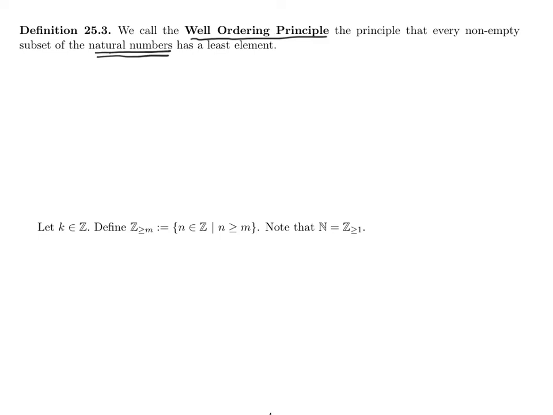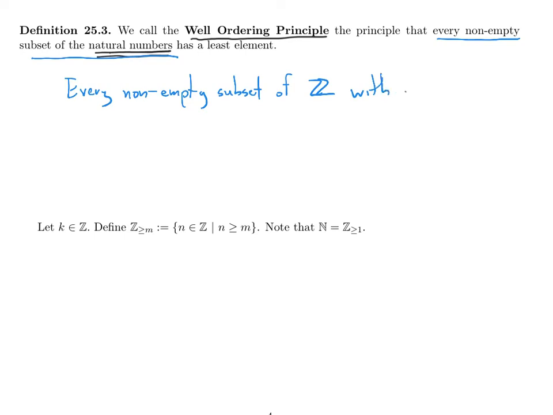So we can do something that helps us out even a little bit more. It might come in handy, but not only is it that every non-empty subset of the natural numbers has a least element, we can even say every non-empty subset of the integers with a lower bound has a least element.